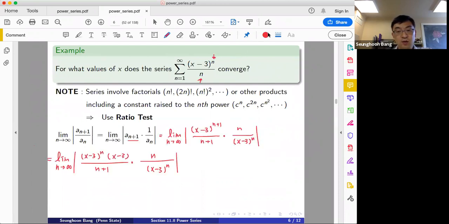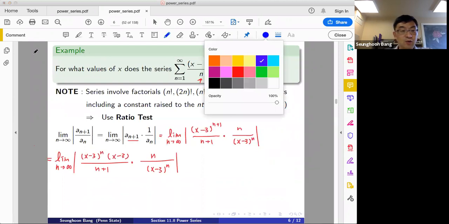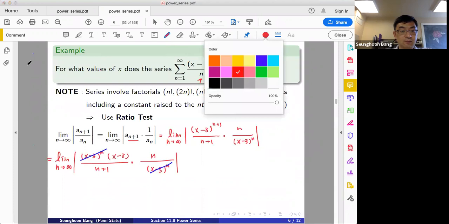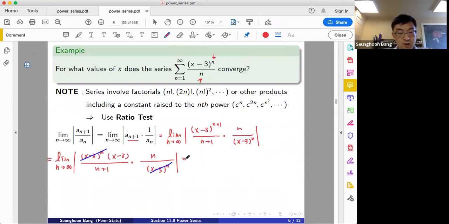So what's the next step? We cross out common things here. (x minus 3) to the power n is cancelled. So we have this result: the limit as n approaches infinity of the absolute value of n over n plus 1 times (x minus 3).